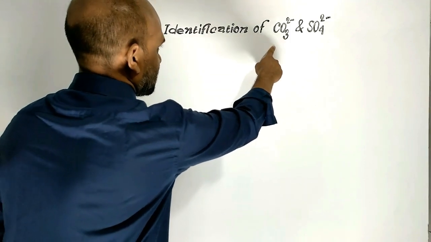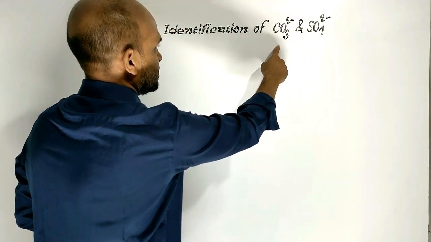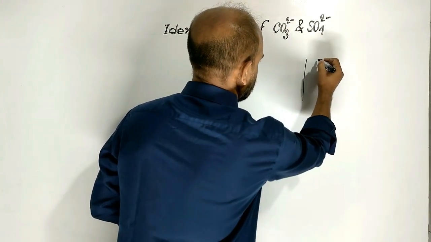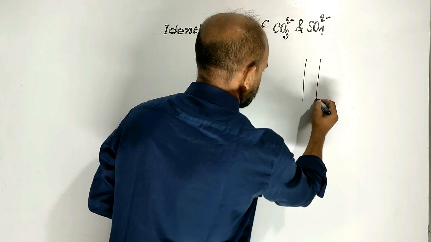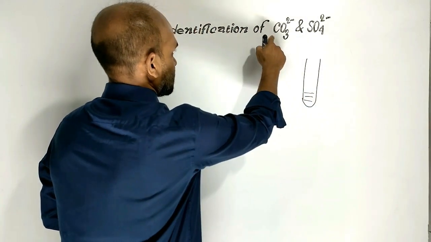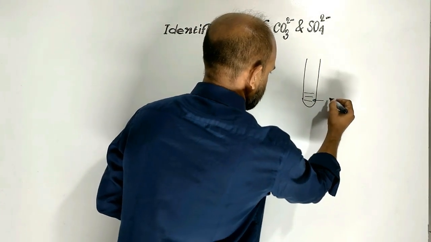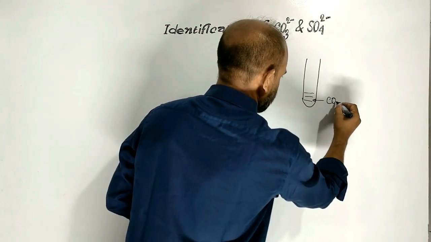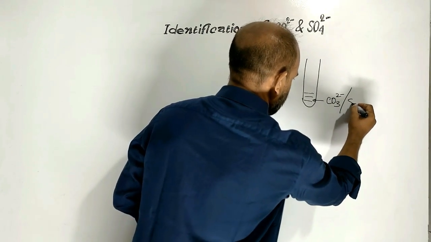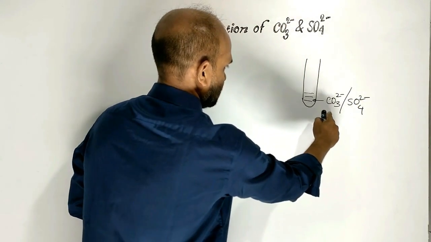Identification of carbonate ion and sulfate ion and distinguishing between them. For this, we need 2-3 milliliters of stock solution of carbonate ion or sulfate ion.